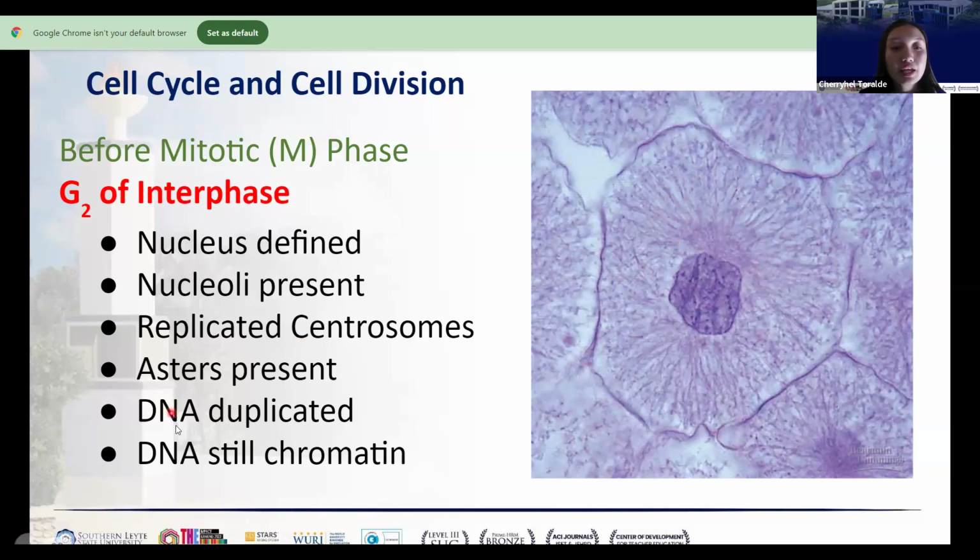Yeah. And then, of course, tapos na yung pag-duplicate ng DNA doon sa S phase, di ba, before the gap2. And your DNA is still in chromatin form, meaning they're still in loose form, hindi pa sila compact. So if they're in loose form, hindi actually sila klaro sa microscope.